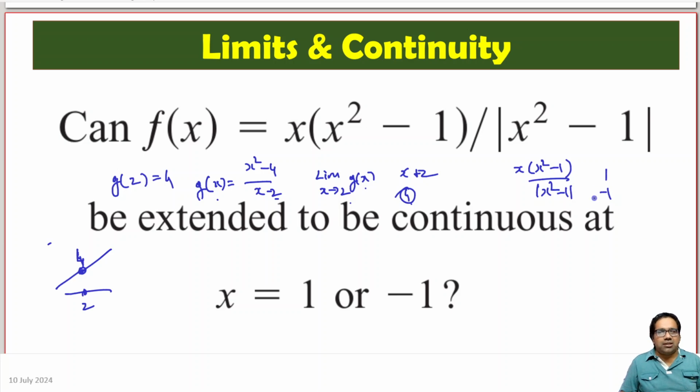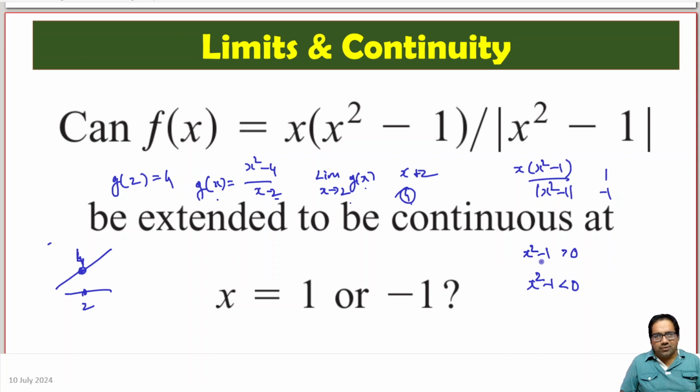It can be plus 1 or minus 1, depending on whether x square minus 1 is greater than or equal to 0, then this is positive, or x square minus 1 is less than 0, then the absolute value would be negative. So the absolute value of y would be minus y if y is negative, right? Now here we have to take care that x square minus 1 is in the denominator, so it cannot be equal to 0 also. So it has to be strictly greater than 0 or strictly less than 0.